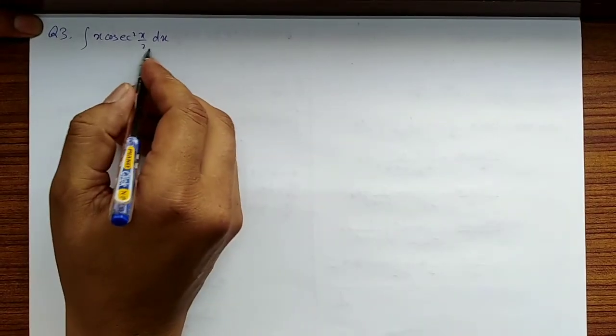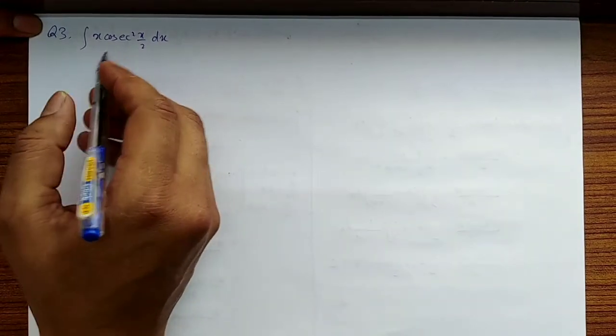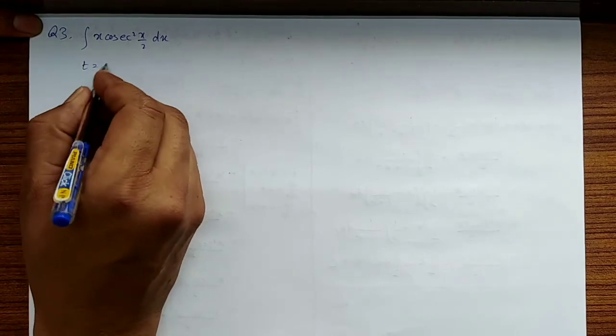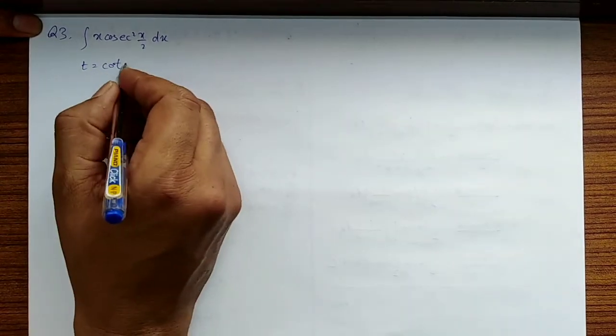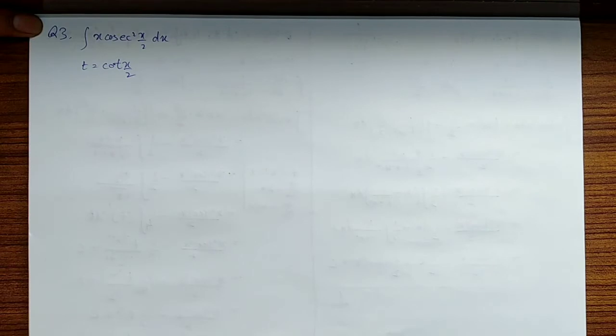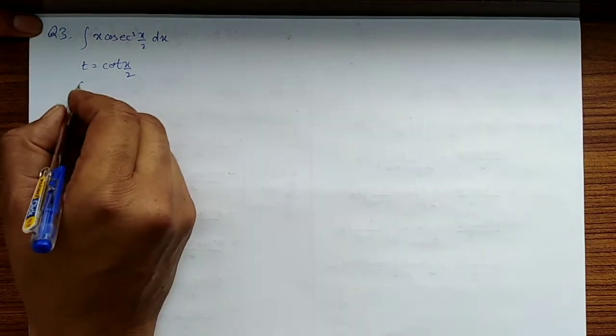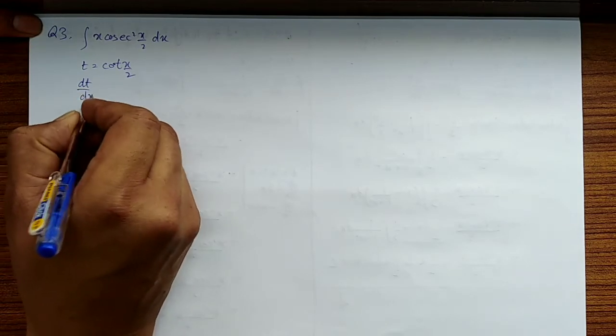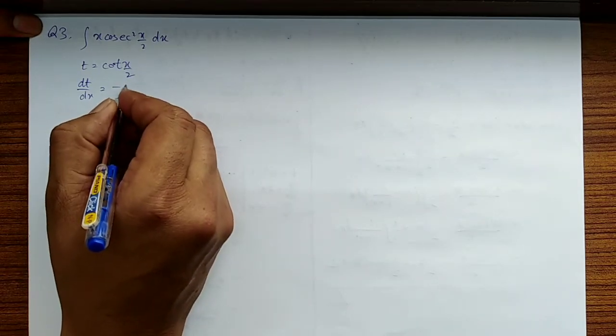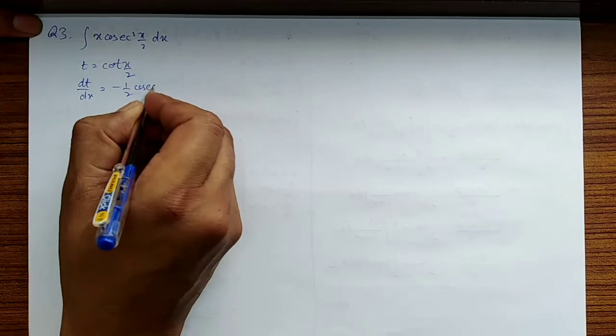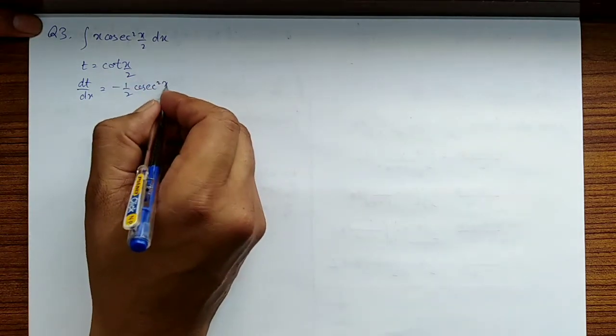Okay guys, first we are going to change the form of this question by taking t equals cot x upon 2, and if we take the derivative of this supposition, that is equal to minus 1 upon 2 cosec square x upon 2.